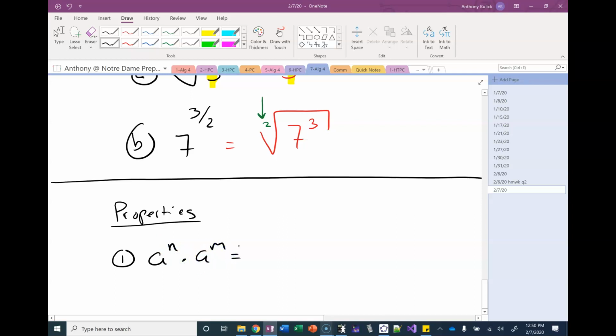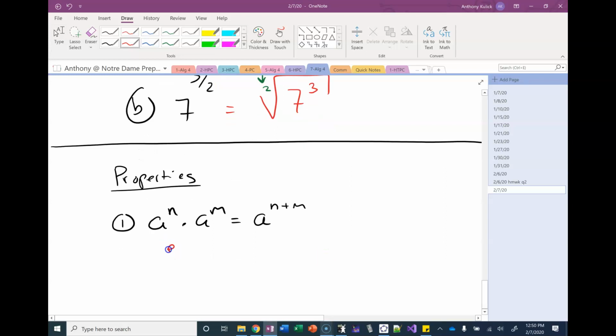So if I take a to the n and a to the m and I multiply them together, what do I get? We add their exponents. Why does that work?